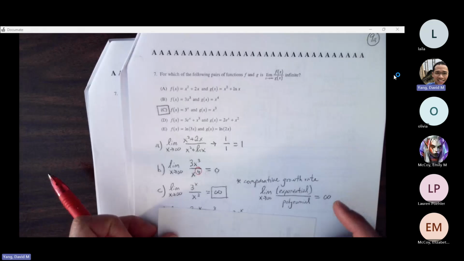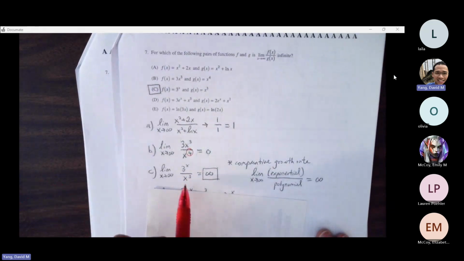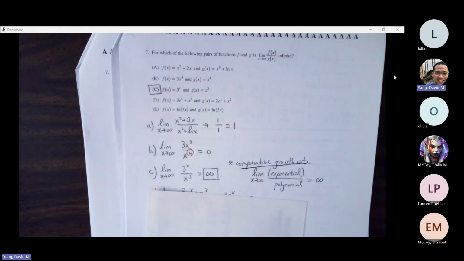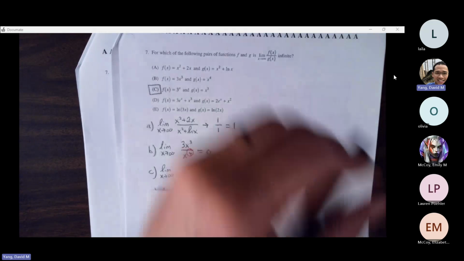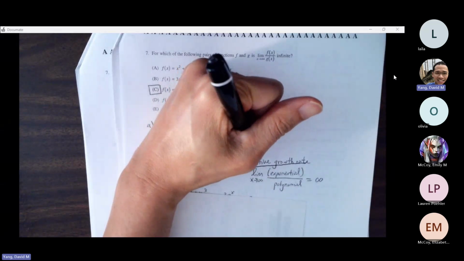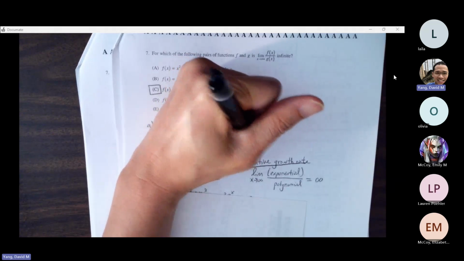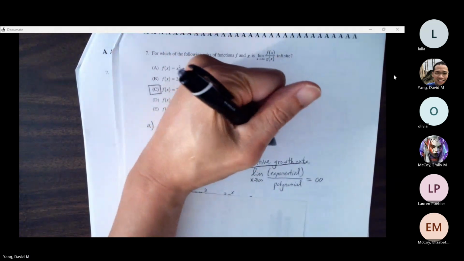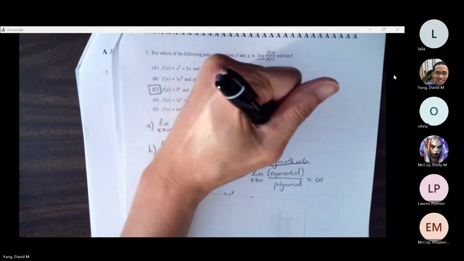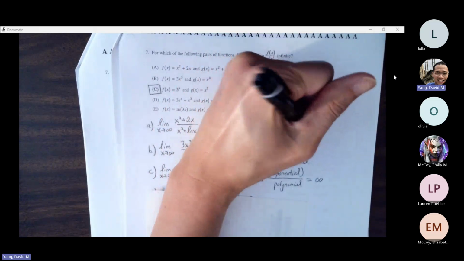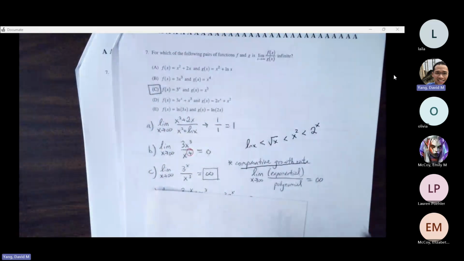Answer choice C, limit as x approaches infinity, you have 3 to the x over x cubed. So it's good to know these comparative growth rates between different families of functions, they can grow at predictable rates if we're comparing them over each other. Typically, this only works if we're going to infinity. If we're going towards infinity, natural log is going to be the slowest growing function, followed by radical, followed by polynomial like x squared or x cubed, and followed by exponential like 2 to the x.